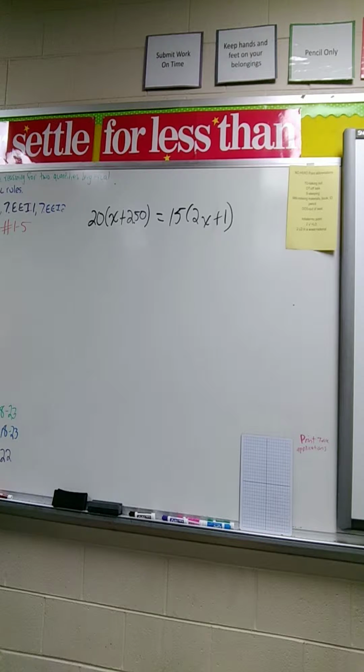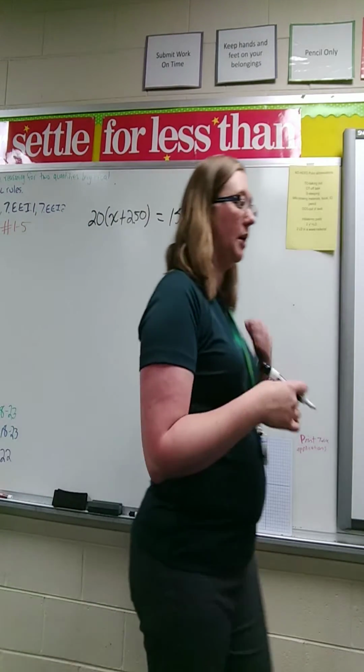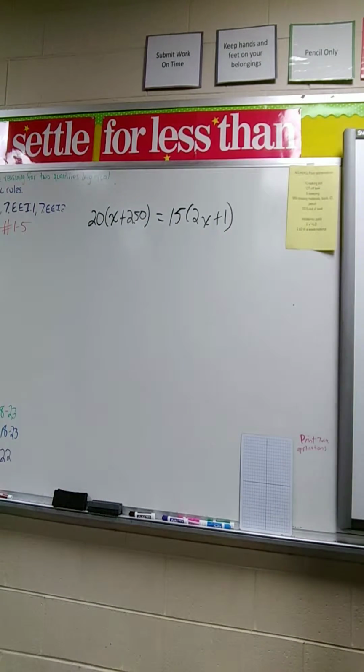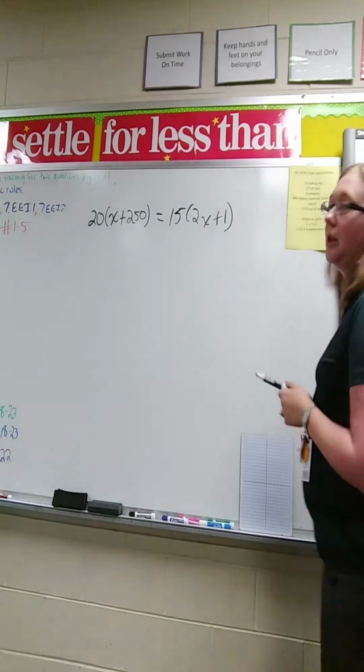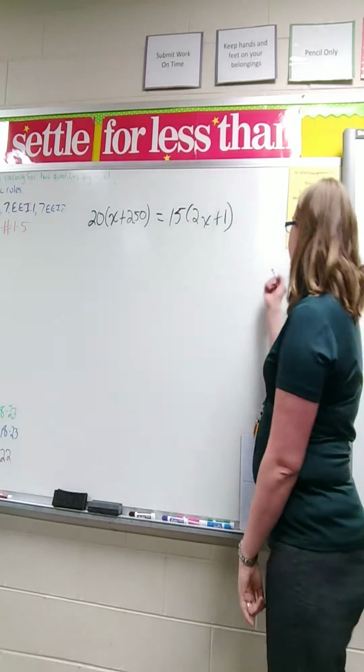Okay, so we've got variables on both sides. I have two factored forms in my equation, and I have a decimal. First thing we're going to do is distribute if necessary. Okay?